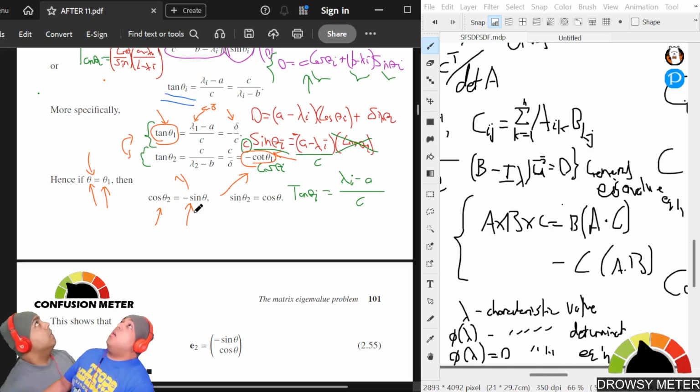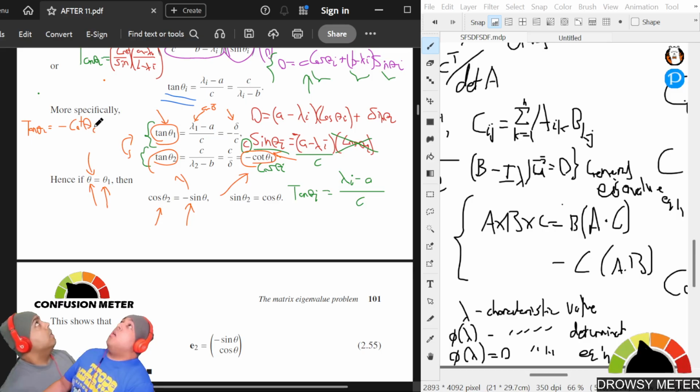Okay, I am a little confused, clearly. Let's just realize this relationship here: tan theta 2 equals minus cotangent theta 1.